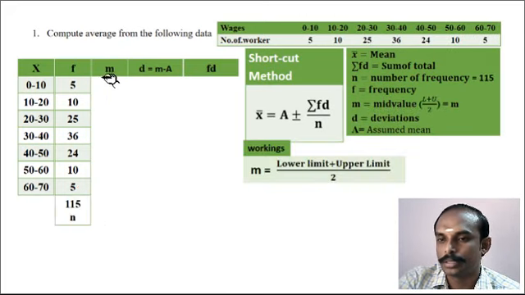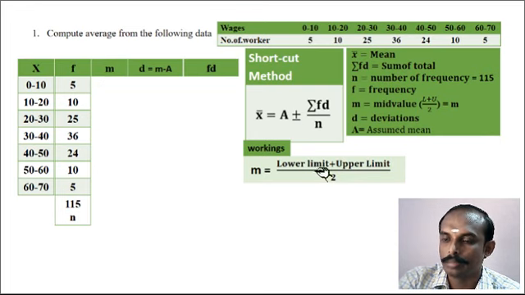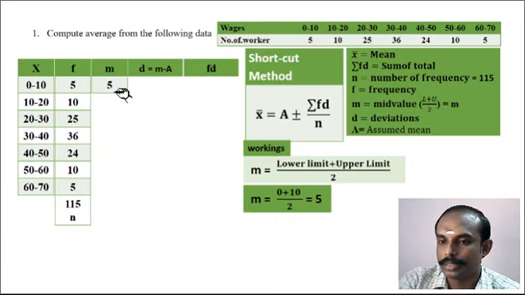The third column is for midpoints: lower limit plus upper limit divided by 2. For the class interval 0 to 10, 0 is the lower limit, 10 is the upper limit, so 0 plus 10 divided by 2 gives 5 as the midpoint.